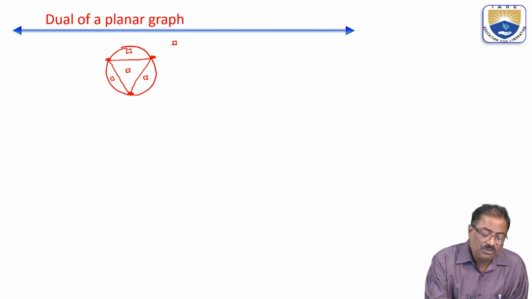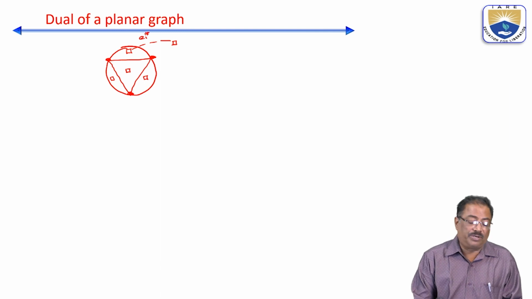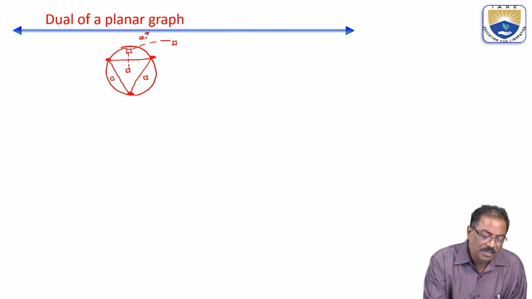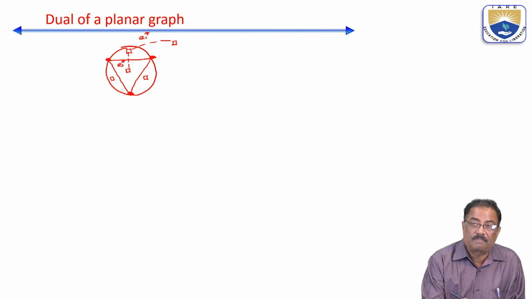V5 star. So here, if I take the edge corresponding to this, I am going to construct another edge, let us say E1 star. This is edge E1, and for that we construct E1 star. Next, this is E1 and this is E2, and for this I am going to get another edge, E2 star.